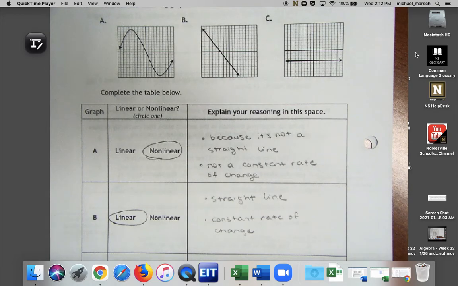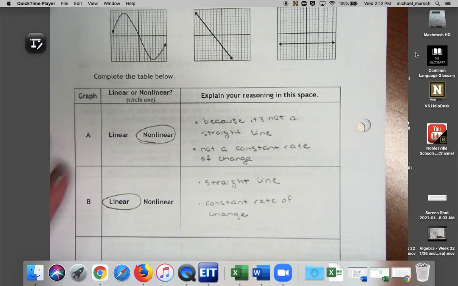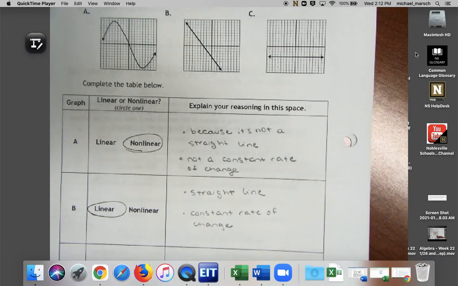If we had a table of values, we wouldn't have a constant change between each y. Wait, so if it was zigzag, it would be linear? It would be nonlinear. That's what I said. I was just talking to McCoy because he was asking about the other options. You were right. Okay, how about C, linear or nonlinear?